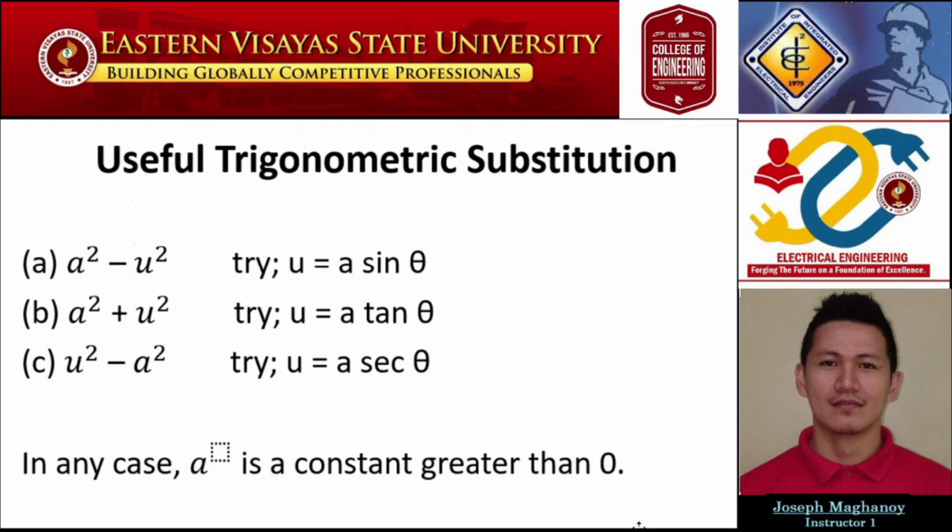For b, the sum of 2 squares, a squared plus u squared, you can try to use u equals a tangent theta. For letter c, the difference of 2 squares, u squared minus a squared, you can try to use u equals a secant theta. In this case, a is a constant greater than 0.